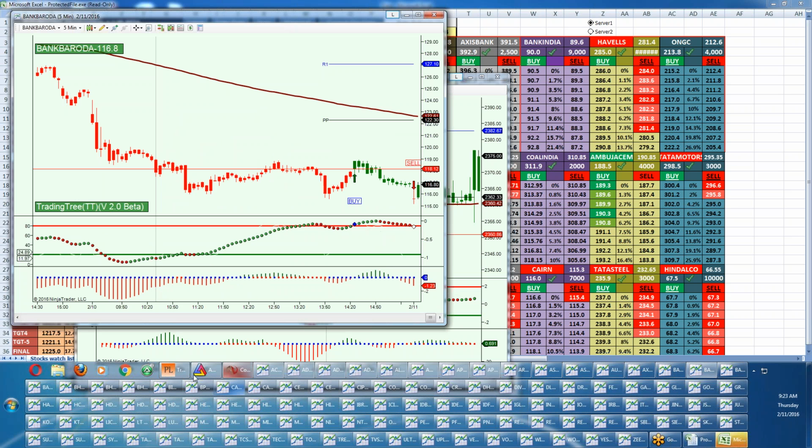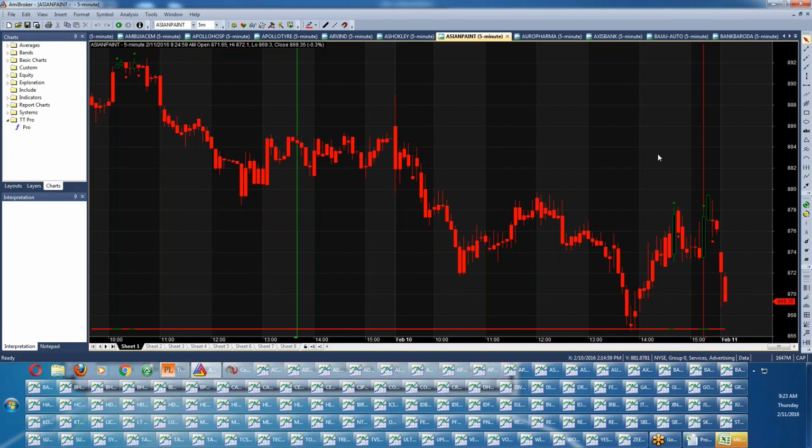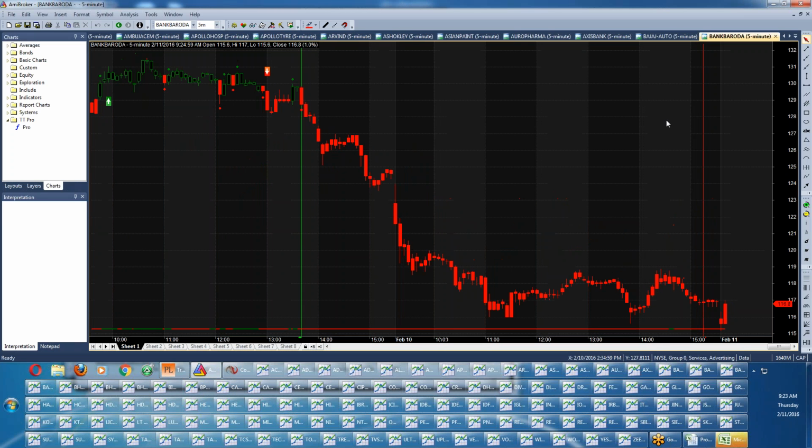So the advantage of having this is you can just check it here. It's a gap down open, but it's rising up.